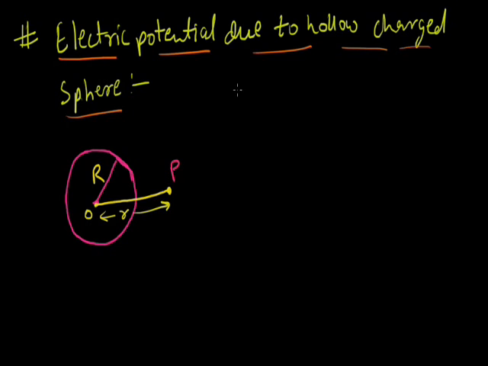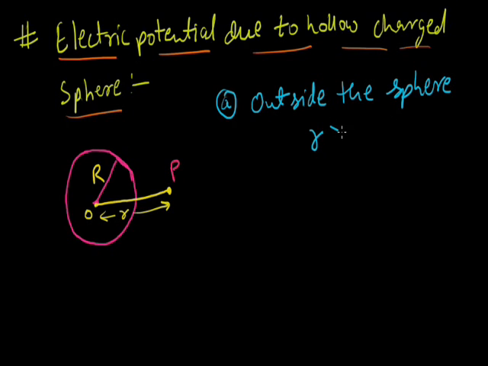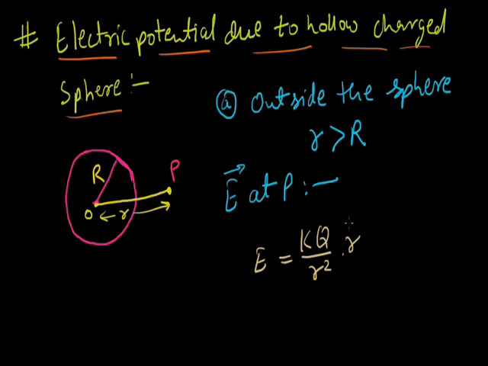First we'll find the potential outside the sphere, so small r is greater than capital R. What would be E at P? The E at P is E equal to KQ upon r square into r cap. This is equation 1.